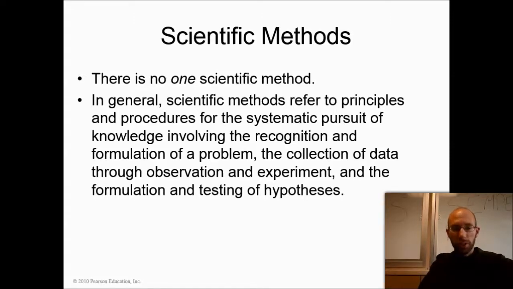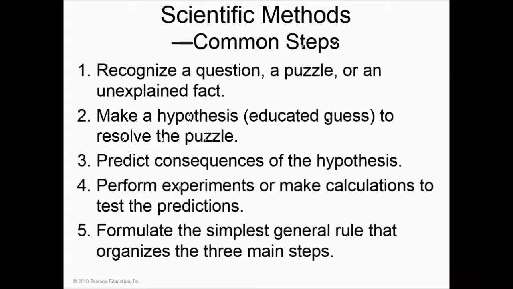in some controlled condition. The common steps for the scientific method are as follows. But please remember that these common steps are not necessarily always followed in exactly the same fashion.